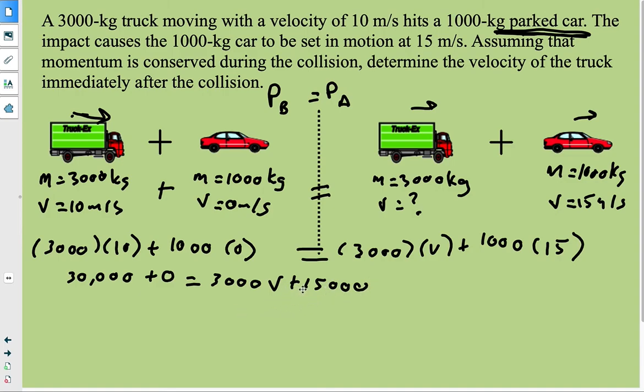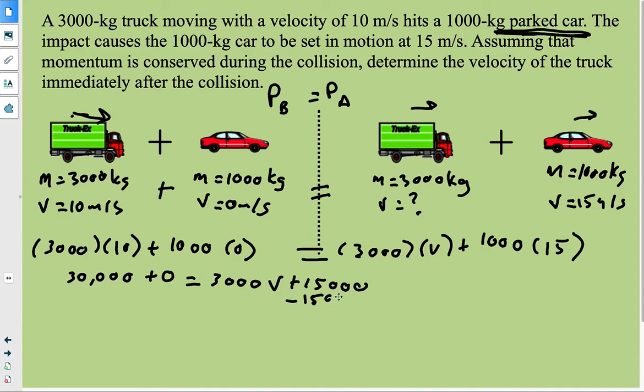Now, I've got to get v by itself, so I have to move this 15,000 over to this side. It's being added, so what will I do? Who can tell me? Yep, I will subtract it.